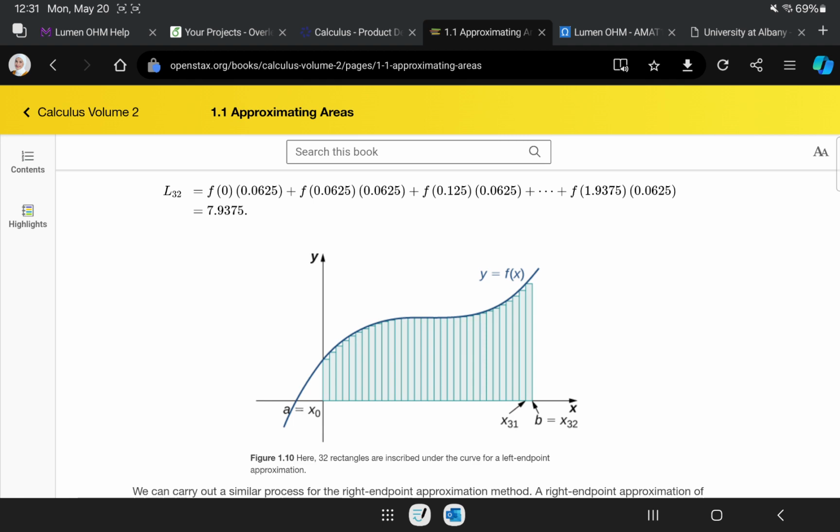Yeah, so I always start with 0 since I'm doing a left endpoint approximation, and I keep adding delta x to my 0 until I get to here, and I multiply each f of that number by your delta x, which is the same for each one of them, to get the area for each rectangle separately, and then we add them up, so we get a more accurate approximation.